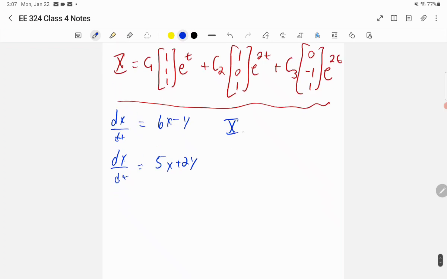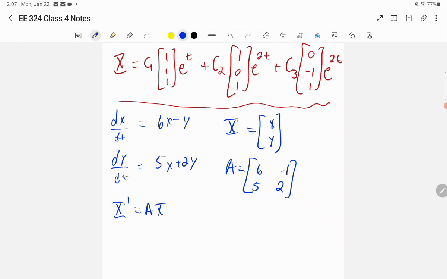Then we get x is equal to xy, a is equal to 6, -1, 5, 2, and x prime is equal to Ax.